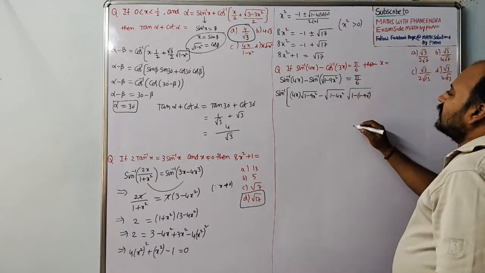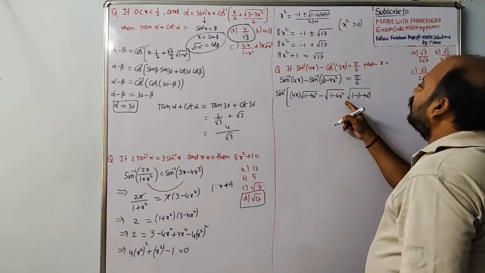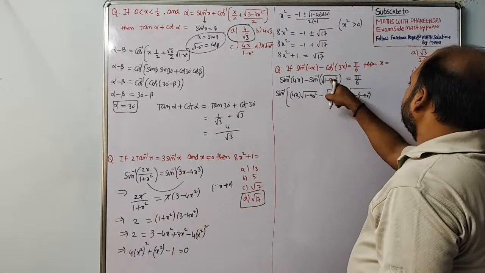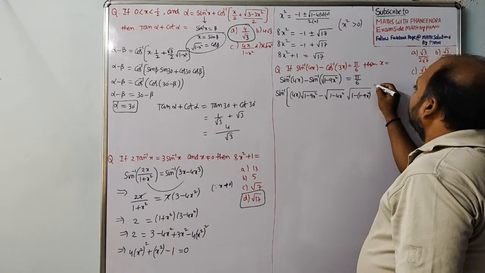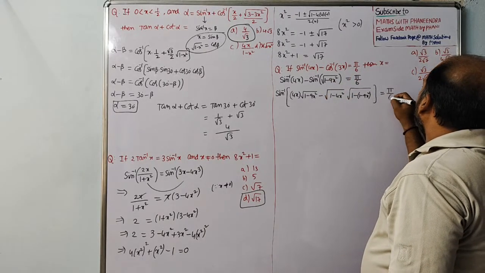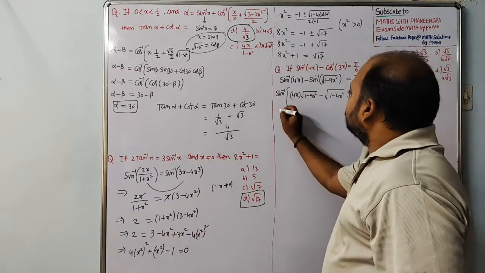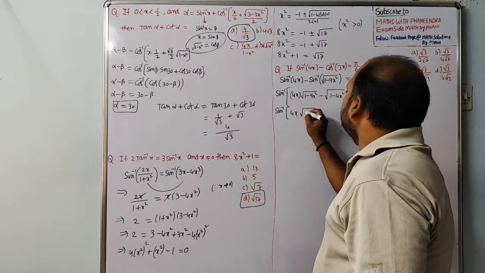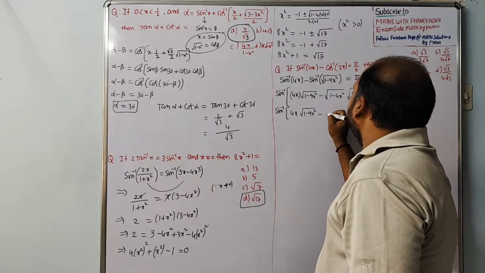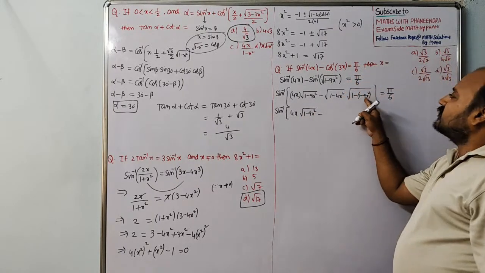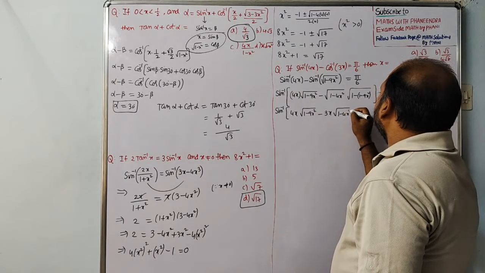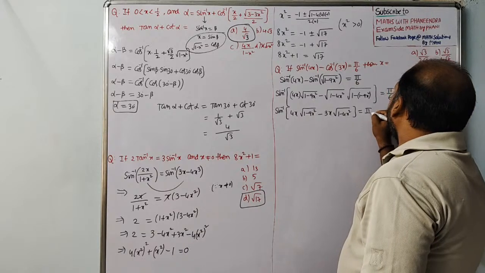Root and square cancel, 1 minus 1 get cancelled, 3x will be there into root of 1 minus 4x square is equal to pi by 6.